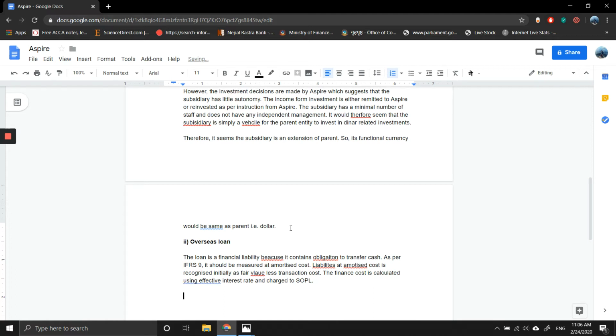And then the loan is denominated in foreign currency and so must be translated to the presentational currency as per IAS 21, Effects of Changes in Foreign Exchange Rates.